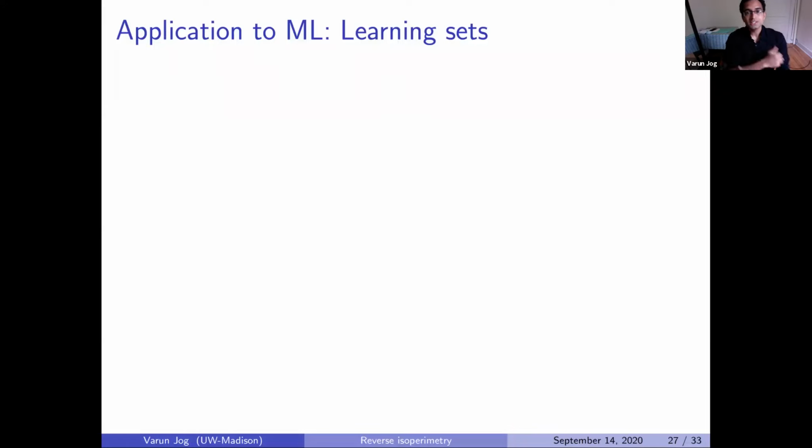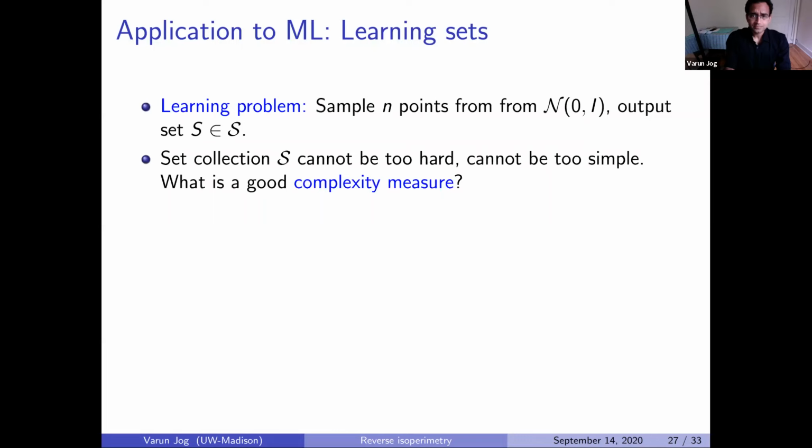So the first application is learning sets. The problem setting is that let's say you have some set which is a subset of R^d, and you want to figure out what the shape of this set is. But the kinds of questions that you can ask are just: you can sample a random point according to the standard Gaussian measure, and you can ask the question, does this point belong to the set or not?